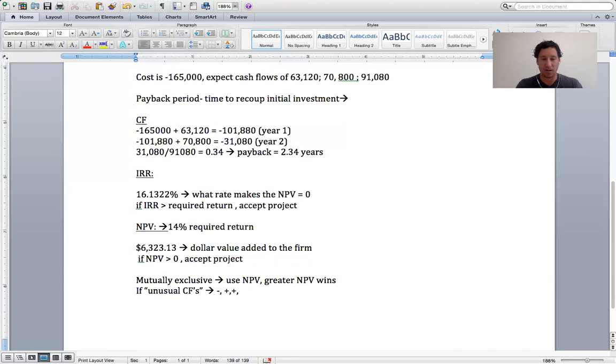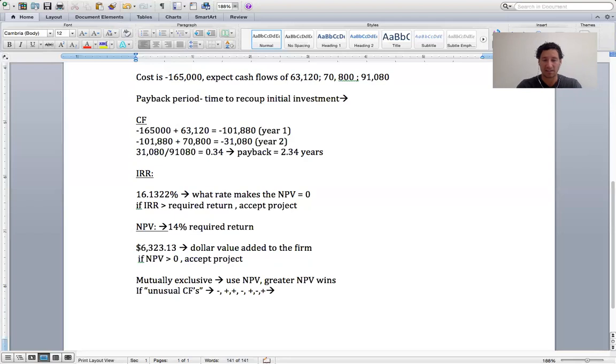Well, an unusual cash flow would be something like negative, positive, then maybe it goes back. We have another cash outflow, and then it's positive again, and maybe it switches multiple times. If it switches more than once at all, so even just this first part, negative, positive, positive, then negative again, that's unusual, okay, for our terms. So it can only have one sign change from negative to positive. If it goes back and forth 2 or more times, then it's unusual cash flows.